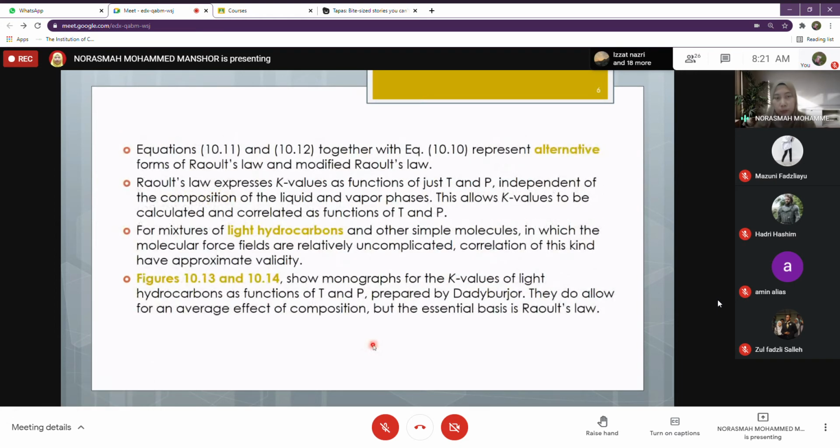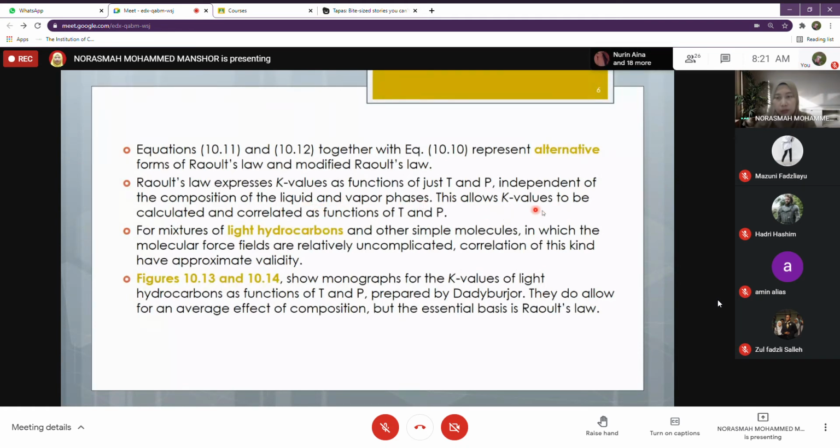Equations 10.11 and 10.12, together with equation 10.10, represent alternative forms of the Raoult's law and modified Raoult's law equations. From the Raoult's law equation, the K value is expressed as a function of T and P, which is independent of the composition of the liquid and vapor phases.